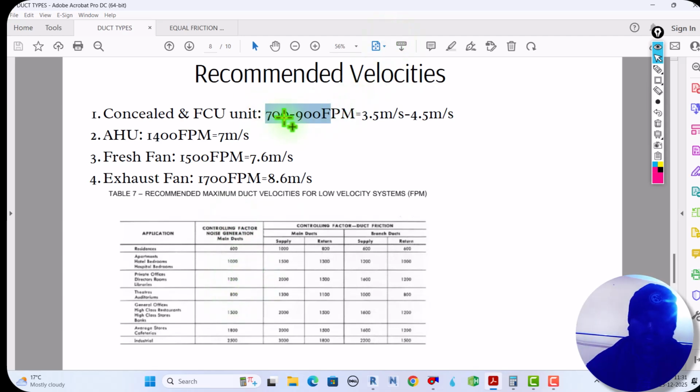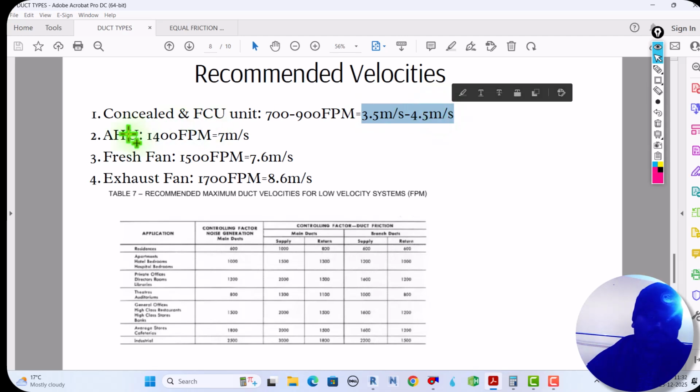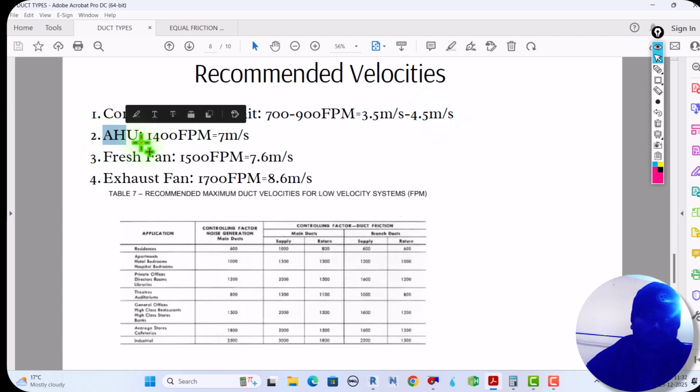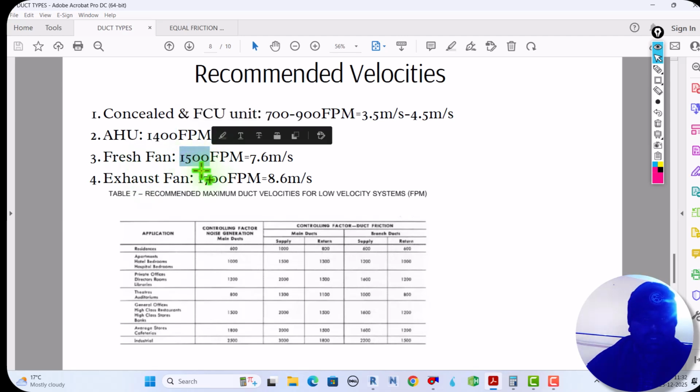This is practical experience, not any reference or standard, but we have to take 700 to 900 converted in metric. For AHU we take 1400, for fresh fan 1500, and for exhaust 1700 fpm. So forget all this and follow this one.